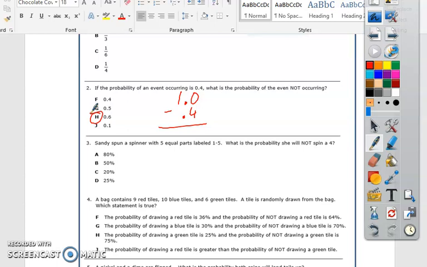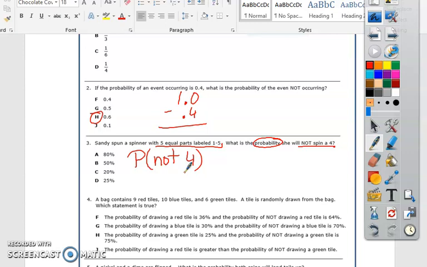So Sandy spun a spinner with 5 equal parts, labeled 1 to 5. What is the probability she will not spin a 4? So again, guys, I like to do this: probability of not 4. So we're kind of talking about complementary events here. We have my spinner.